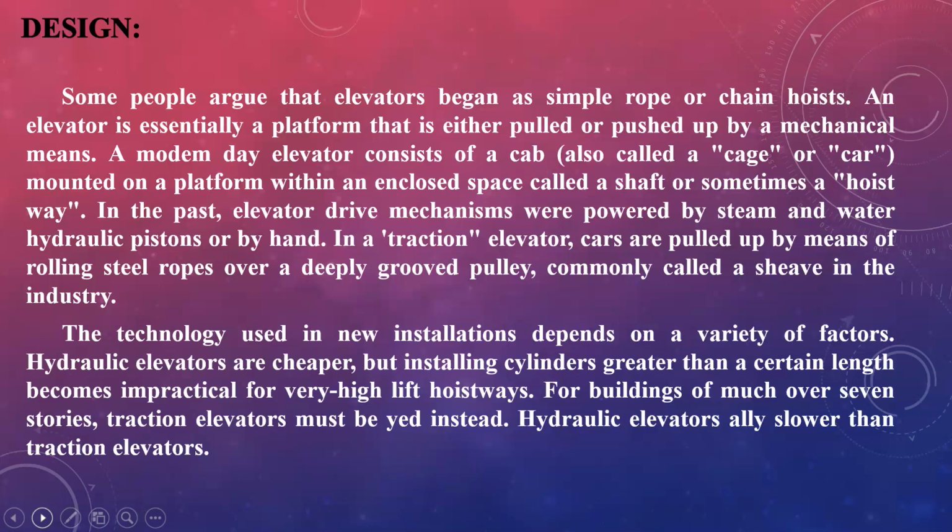In the past, elevator drive mechanisms were powered by steam, water hydraulic pistons, or by hand. Here, there are traction elevators, where cars are pulled by means of ropes over deeply grooved pulleys.